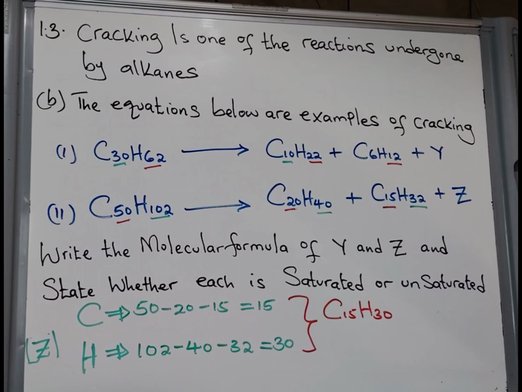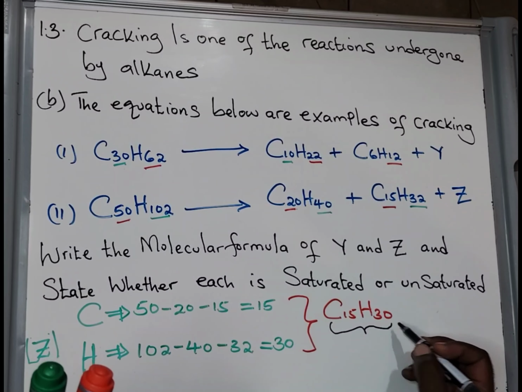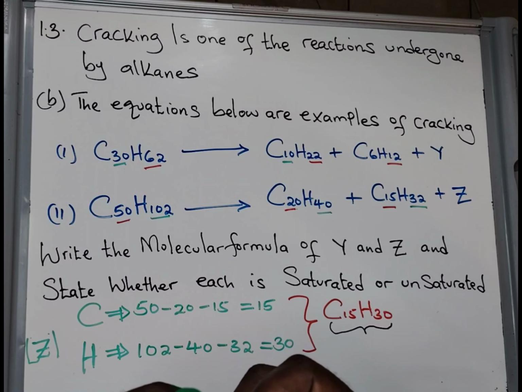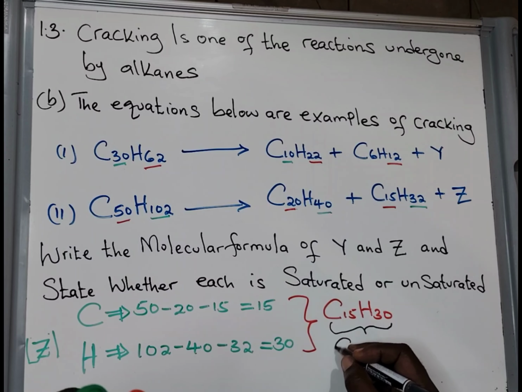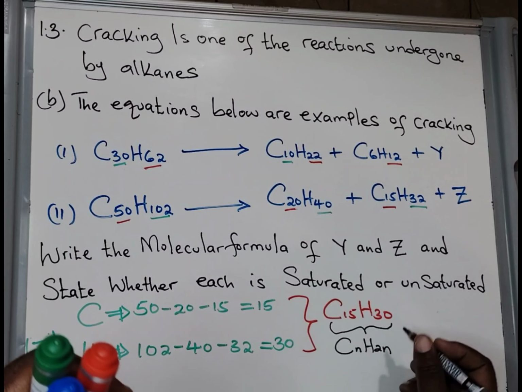Then another part comes. Is it saturated or unsaturated? You go through the same process. You look at this molecule and say, to which general formula does it belong? It is clear that it belongs to CnH2n.